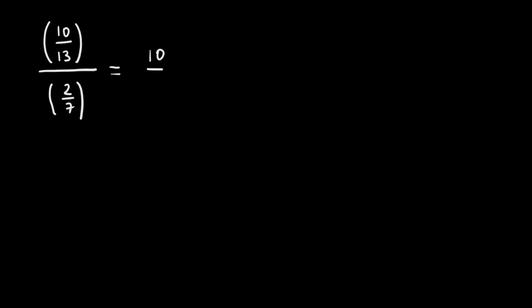Try this one. Let's say we have 10 over 13 over 2 over 7. Now, since the fraction is a division itself, we can just write this like 10 over 13 divided by 2 over 7. And now we can apply the rule.